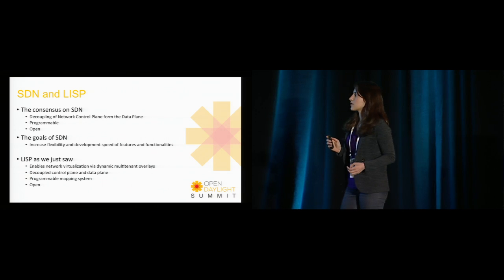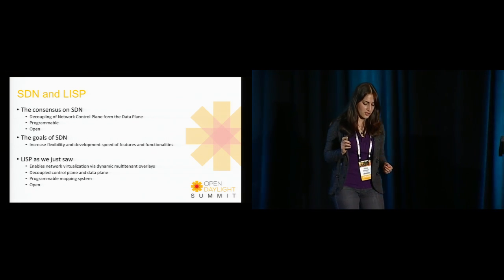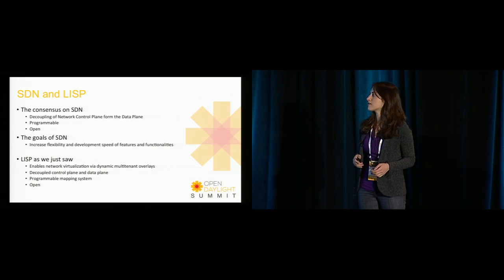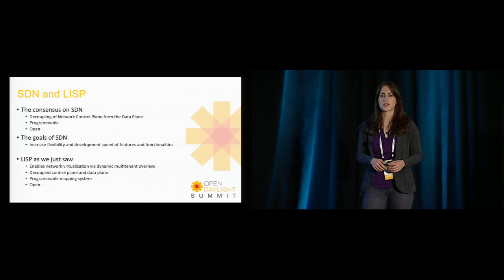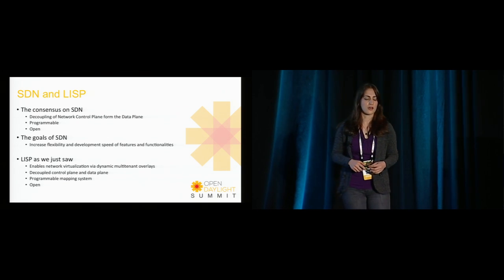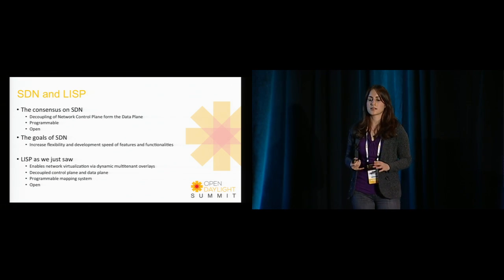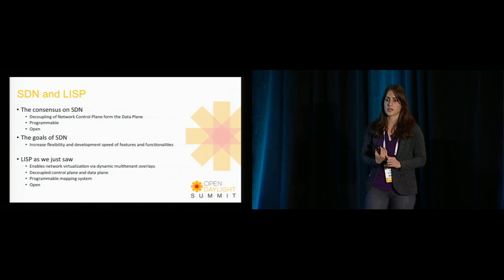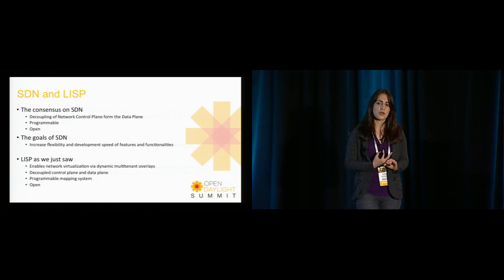So now going back to SDN. It's a hard to define concept, I suppose, with different properties to agree on. But there are a few specific properties that I think everyone in the SDN community agrees on: decoupling of network control from the network data plane, programmability of the network, and also openness.